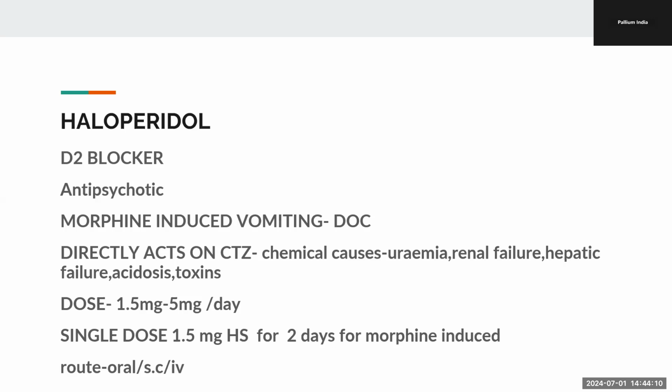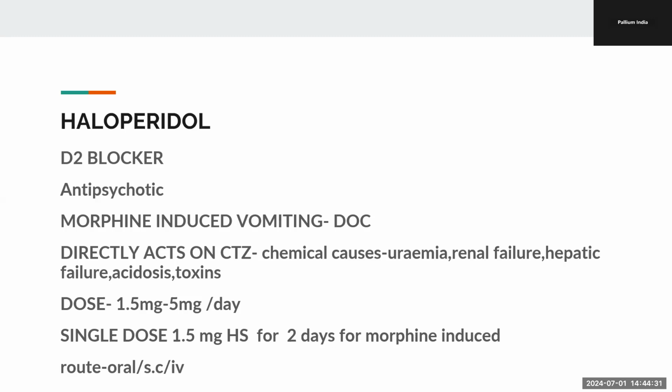Now the dose is 1.5 to 5 milligrams per day. The maximum permissible dose of haloperidol is nearly 20 milligrams per day, but for vomiting, it is 1.5 to 5 milligrams per day.